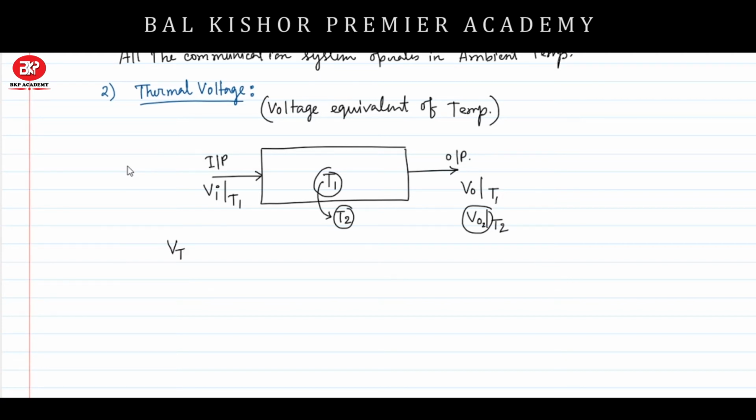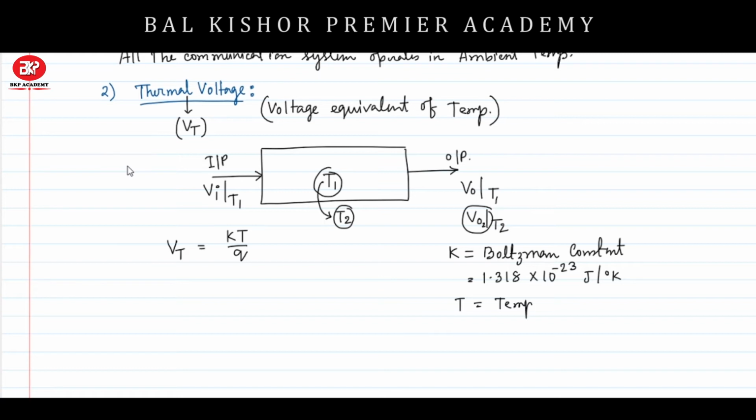This thermal voltage is denoted by Vt, and Vt equals kT by q, where k is the Boltzmann constant, given by 1.318 into 10 to the power minus 23 joule per degree Kelvin, T is the temperature, and q is the electronic charge.